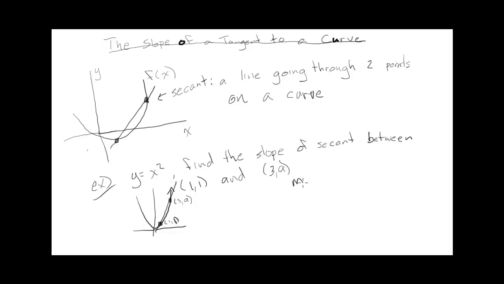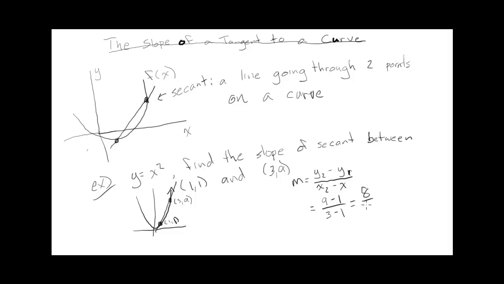So m would equal, how do you get the slope? y2 minus y1 over x2 minus x1. So that would be, let's say 9 minus 1 over 3 minus 1.